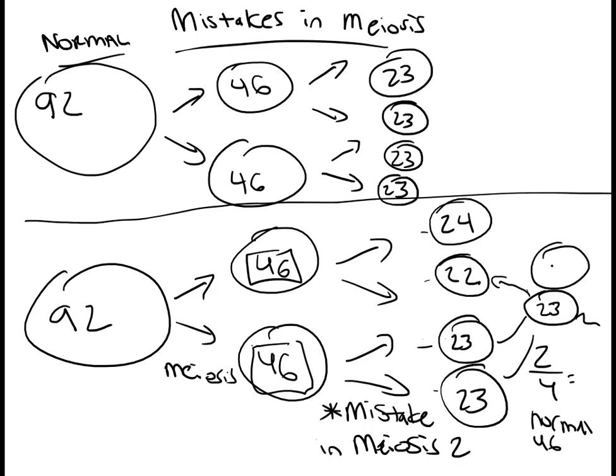The zygote would only have 45 chromosomes instead of 46. Similarly, if the sperm fertilized this egg, there would be an extra chromosome. There'd be 47 instead of 46. And this sperm can only fertilize 1 egg at a time, so it's like a 50-50 chance that this zygote could either be normal or have an abnormal number of chromosomes.